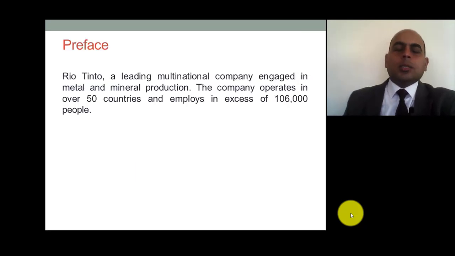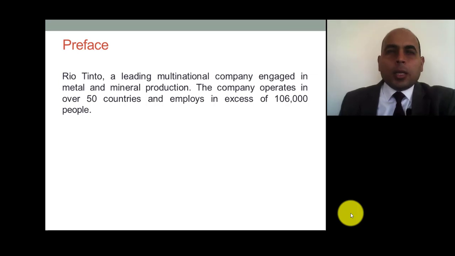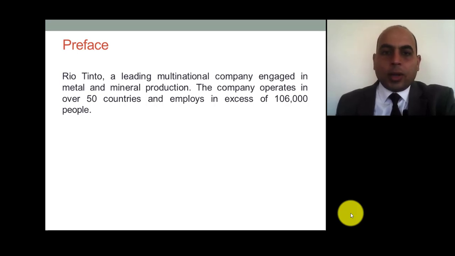Now the point is, nowadays when we are talking about globalization and multinational organizations, we are talking about, for example, a company located in the US and they have many subsidiary companies located in different locations around the world, such as, for example, HP.